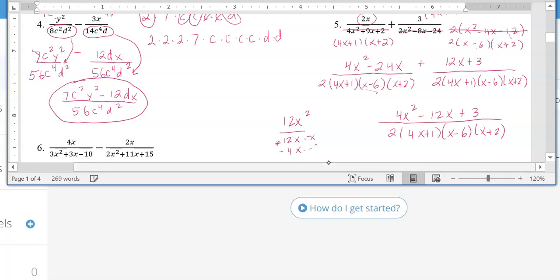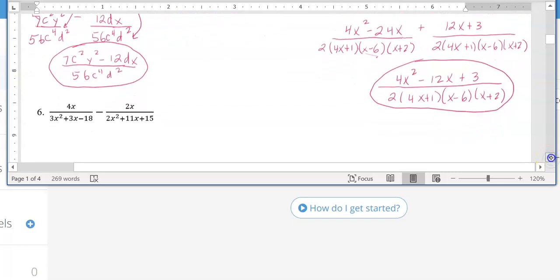Negative 4x, negative 3x, negative 6x, negative 2x. I think we've exhausted all of the pairs. None of those add up to negative 12x. Remember, they have to add to the middle. So factoring isn't possible, so there's no need to try the box method. We are done with this answer, so I'll go ahead and circle it.